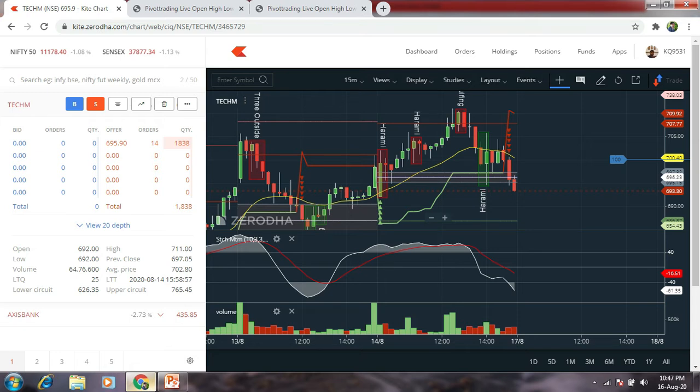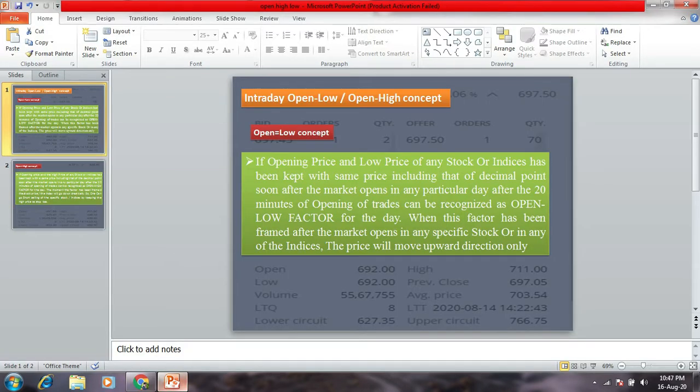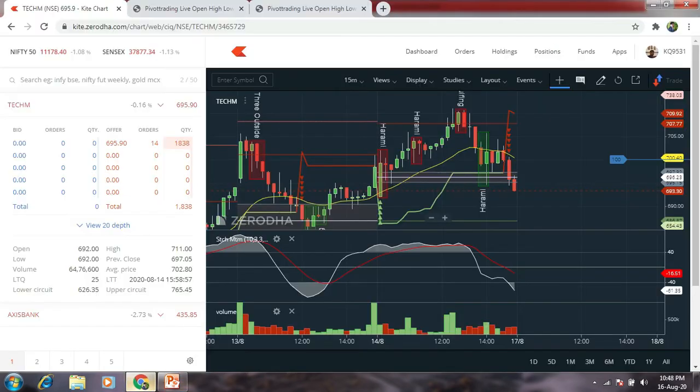So I will just read out the concept how we are using this. If the open price and low price of any stock or index are the same, including the decimal point that I explained previously, after the point also it should be the same.